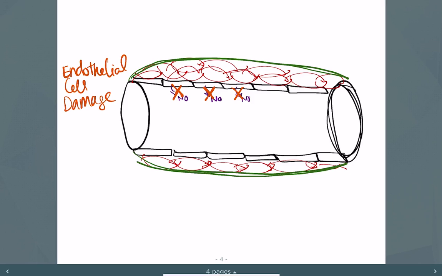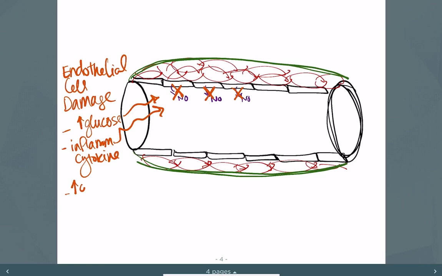So what can be these initiating events that can damage the endothelial cells? Well, if you have really high blood glucose floating in here, that can damage the endothelial cells. If you have a bunch of inflammatory cytokines, really common if someone has systemic inflammation, which we see in obesity.